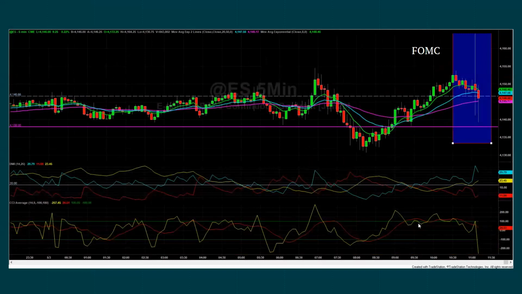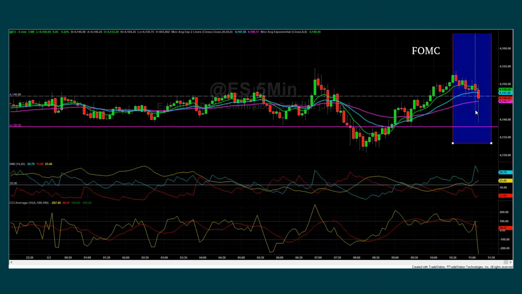So let's bring in another idea: do not attempt any type of scalping when there is some economic news coming up. For instance, this is right where the FOMC is happening. And look at this.